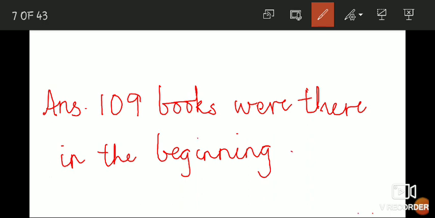Got it? This is how you will be writing your answer.